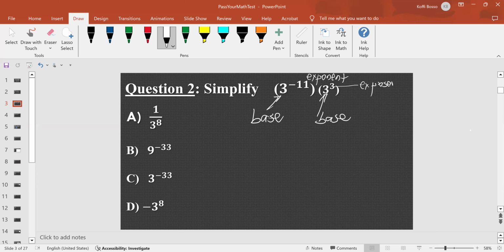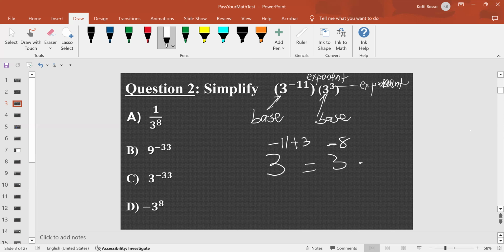Okay, so when you have a question like this with the same base, the rule is to keep that same base, which is 3, and you add the exponents, so negative 11 plus 3, and that gives you 3 raised to negative 8.